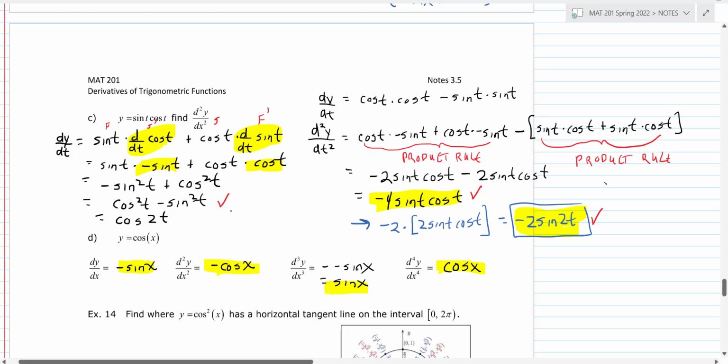So I'm going to rewrite this as cosine times cosine minus sine times sine. Then I'm going to use the product rule on each one of these. Okay, so first cosine, derivative of second, second times derivative of first when I do the derivative of cosine times cosine. And then I got to do the product rule over here. I got first times derivative of second plus second times derivative of first.